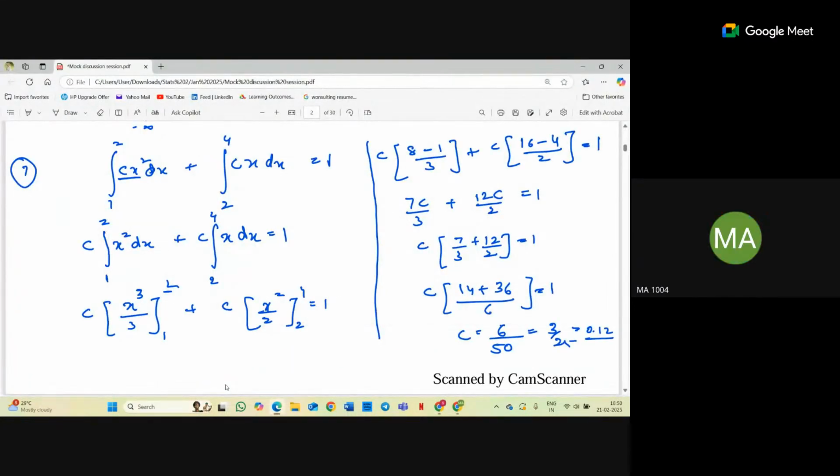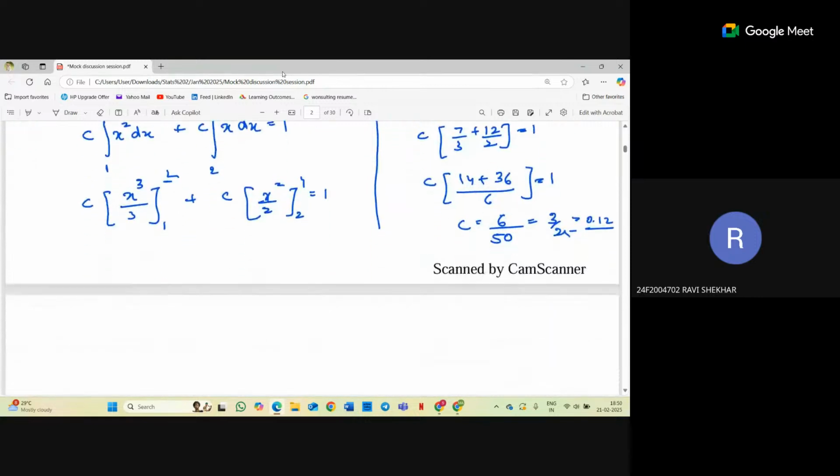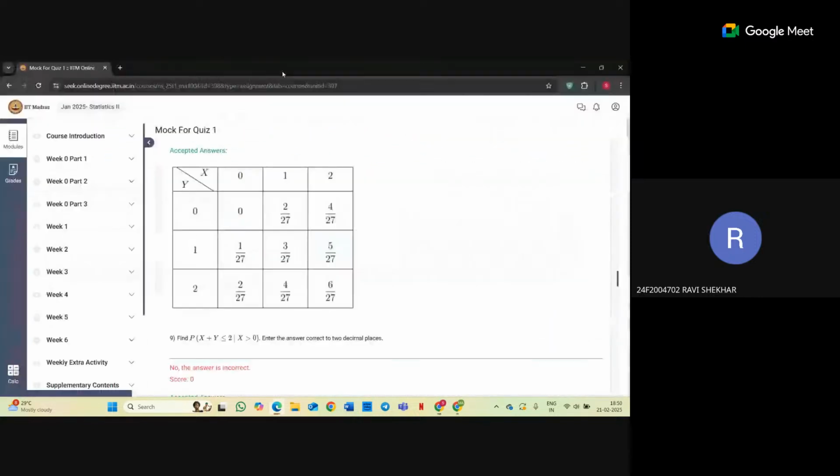Ma'am, can you just please show the table, ma'am? The question says x plus y is less than or equal to 2, given that x is greater than 0. So we know that we can convert that into joint divided by conditional. Correct. Okay, and let's calculate the marginal value first, p of x greater than 0.